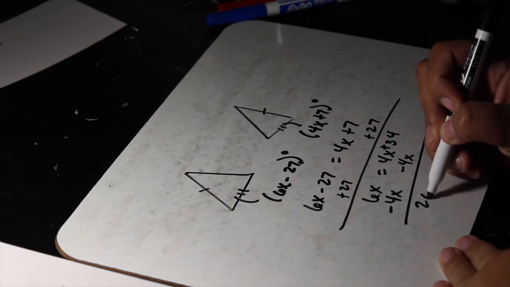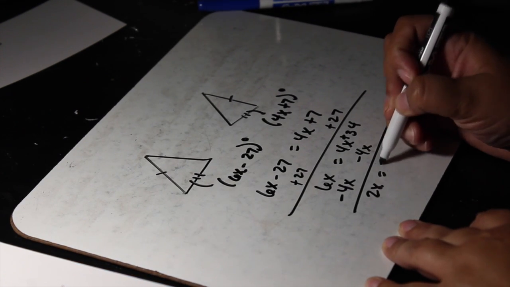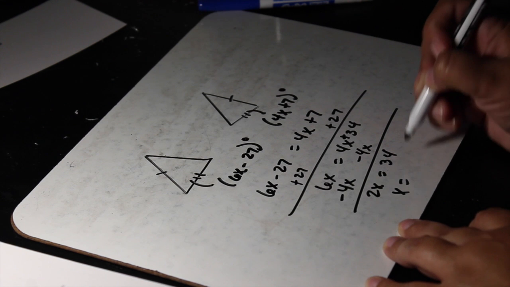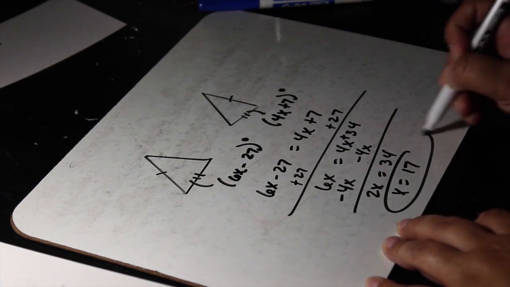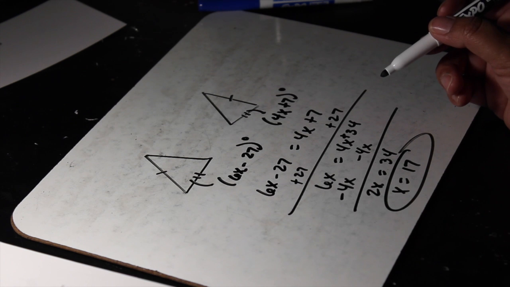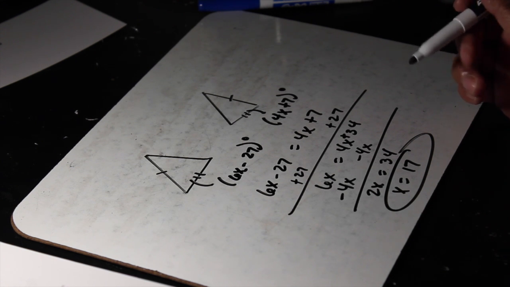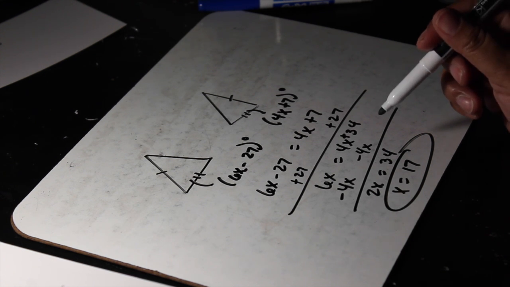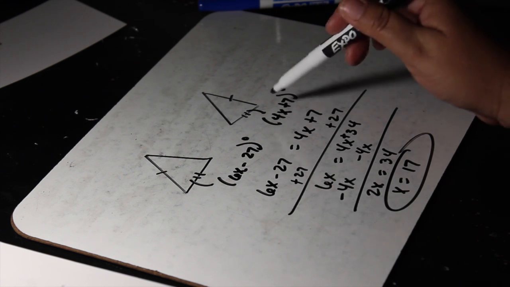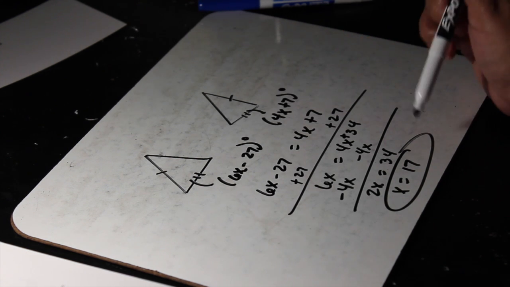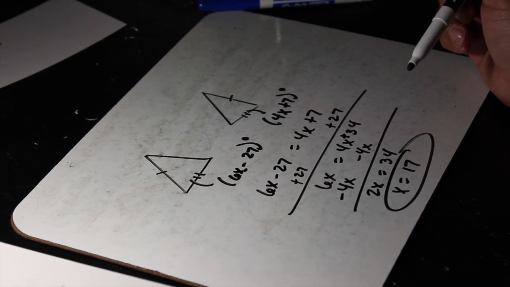So we have 2x equals 34. X would equal 17. Okay, so I hope I didn't go too fast for you guys there, but the answer would be x equals 17. In order for these two sides to be congruent, x would have to equal 17.